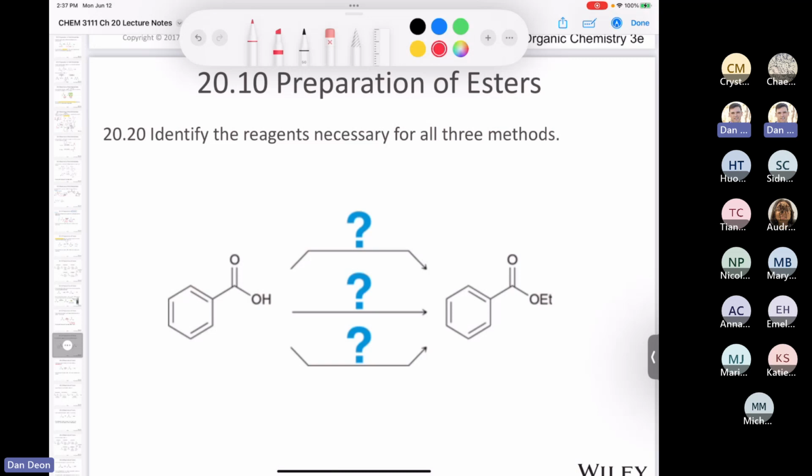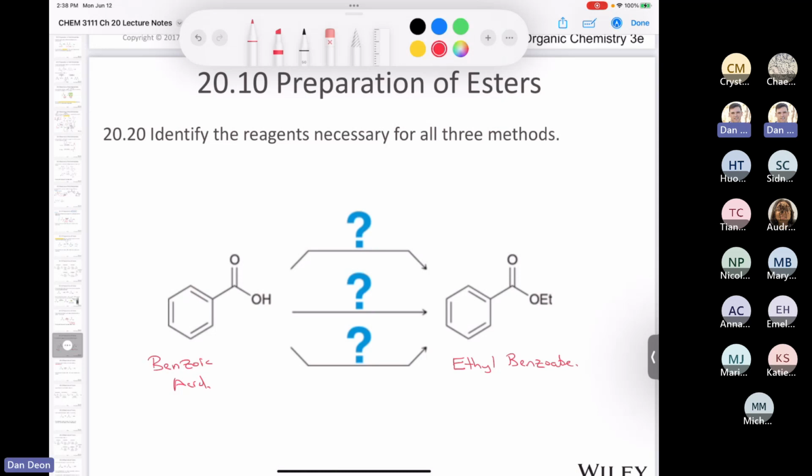If you wanted to take benzoic acid and convert that to ethyl benzoate, anybody have an idea how you would do this? You can even just name the reaction.